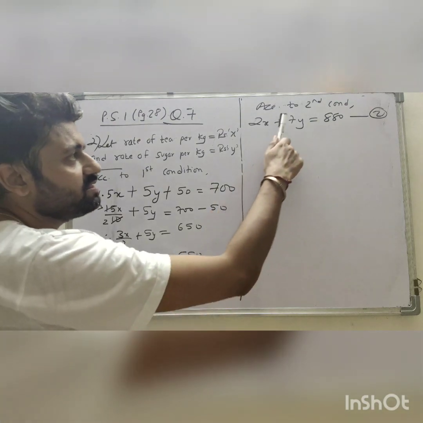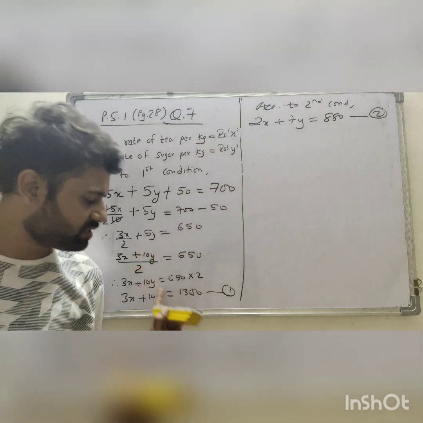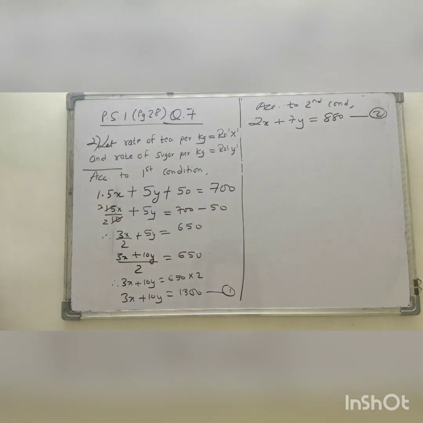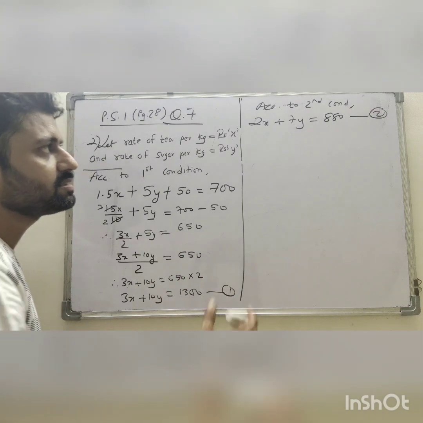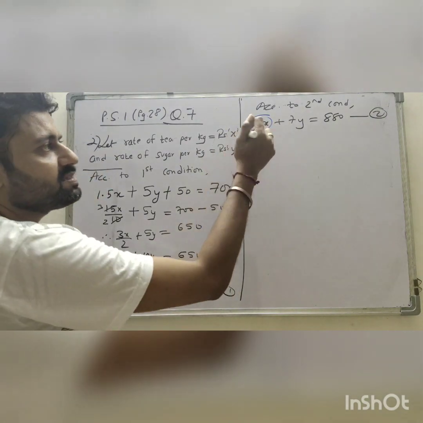We have to solve these two equations simultaneously. The first equation is 3x plus 10y equals 1300. The second equation is 2x plus 7y equals 880. The coefficients are 2 and 3. I am making them the same.